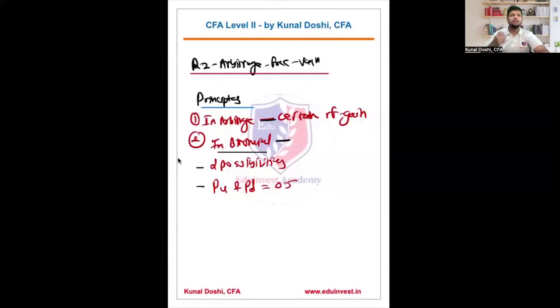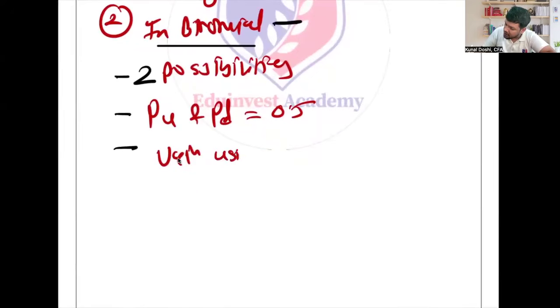Now, going back to the binomial, we discussed the principle that there are only two possibilities, upside and downside. Binomial means upside and downside. The possibility of upside and downside is the same, correct? We are going to do valuation using the principle of backward induction. Now, what is backward induction?